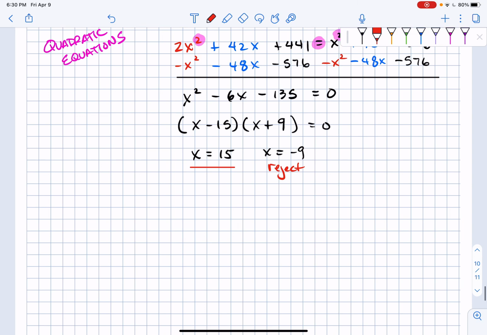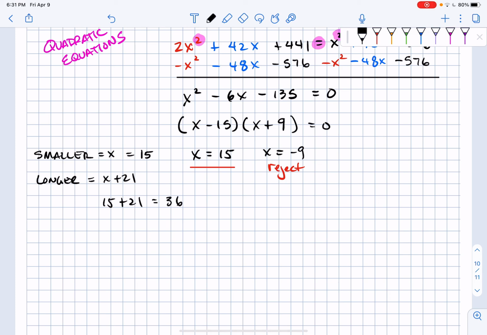So what did I have? I had the smaller equal to x, so that's equal to 15. The longer was equal to x plus 21, so that would be 15 plus 21, which is equal to 36.